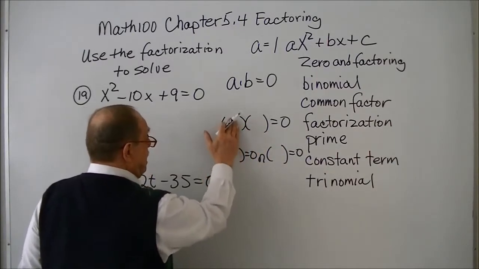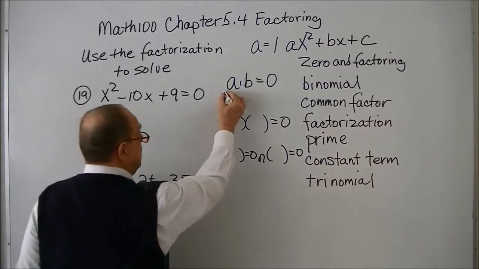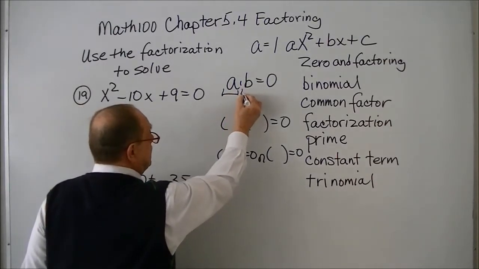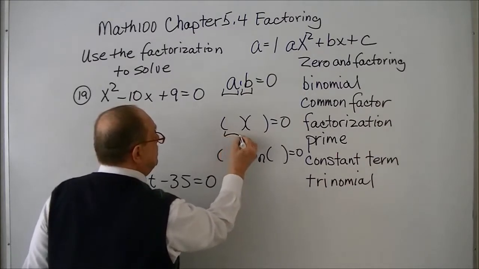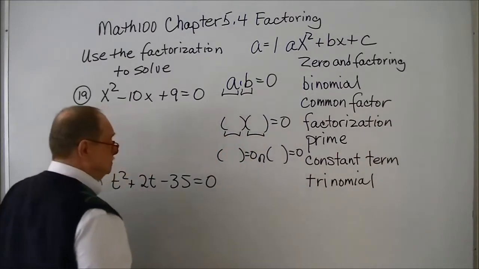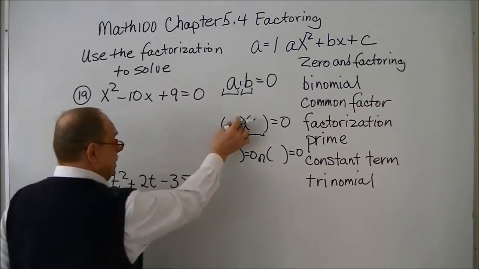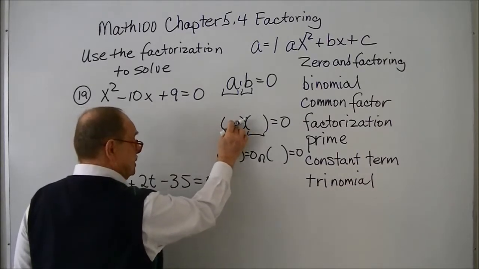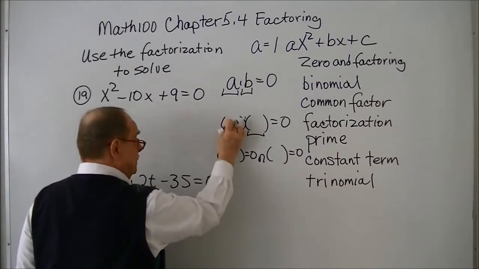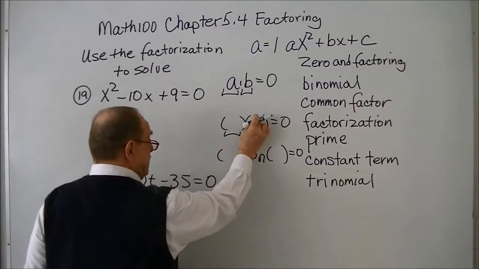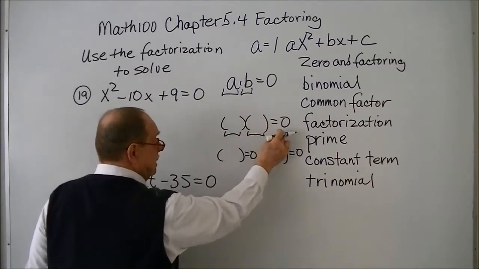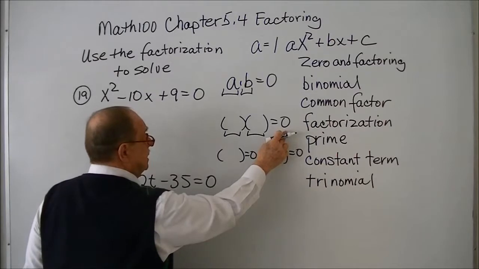But in our work here, instead of just having a single term, it's going to be a binomial. So if this binomial has a result of 0 in there, and this one has a result of 0, then it will equal 0.